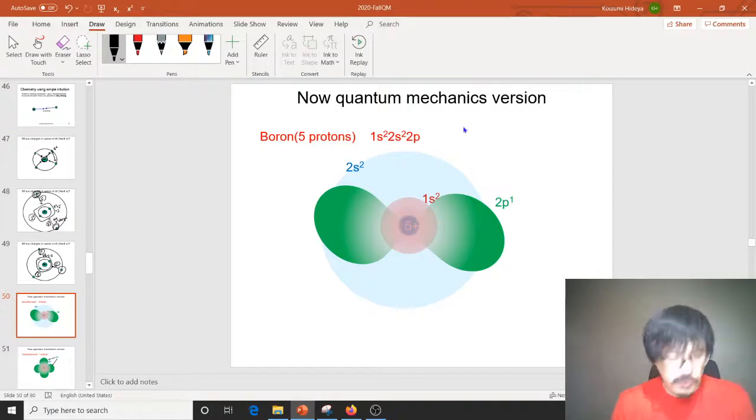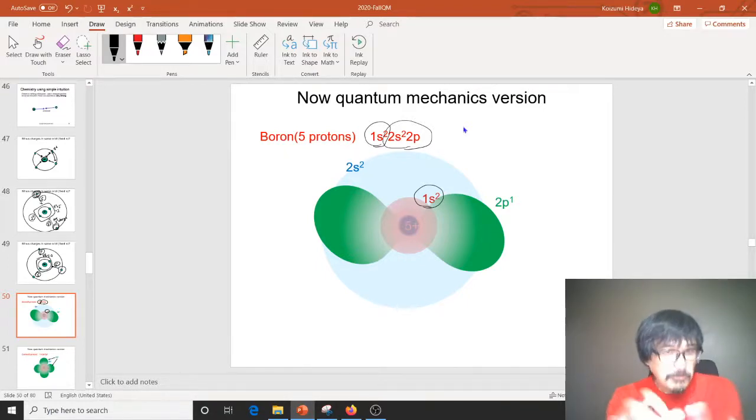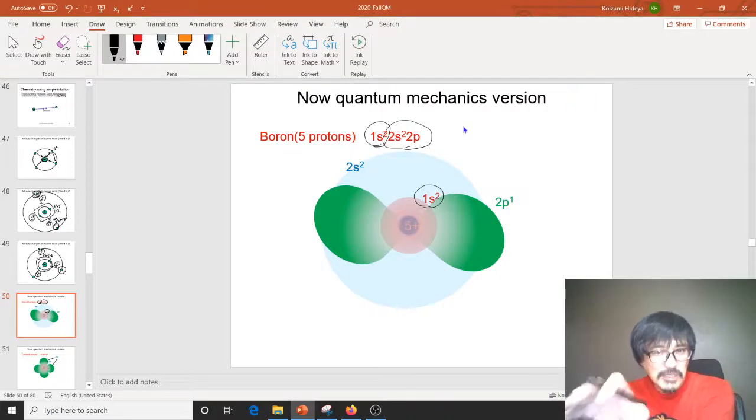The outermost electrons are any one of these guys, right? And the electrons orbiting in the middle are the 1s squared. I can't tell you exactly where they are flying because you cannot pinpoint the position of the electrons, but I know that these 2 electrons are close to the middle because the principal quantum number is 1. That means it's smaller, right?